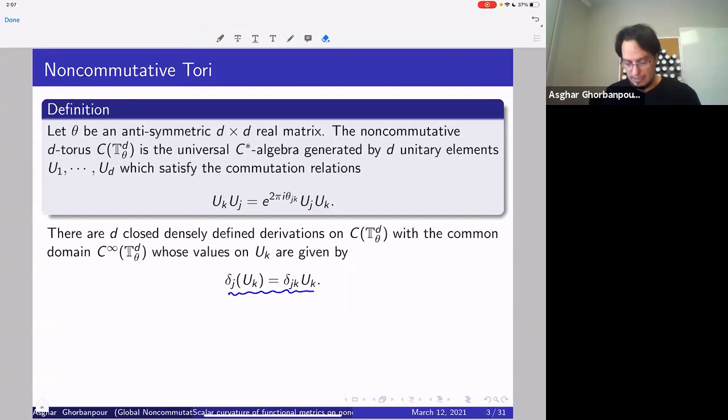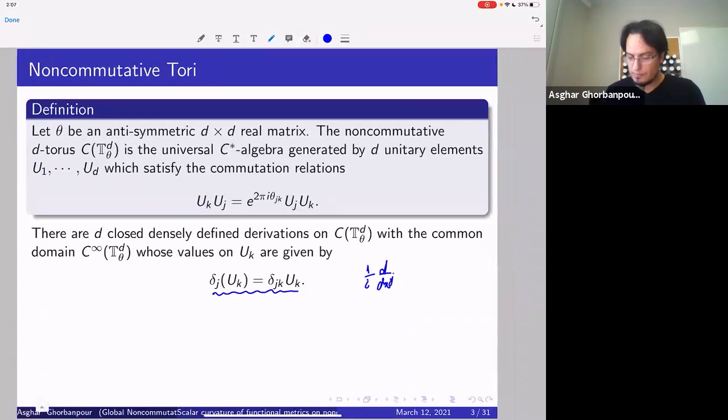This can be extended to a dense star subalgebra, and it plays the role of 1 over i d/dx_j when we have the regular tori. Basically, when theta is 0, this plays the role of the derivative in that direction.